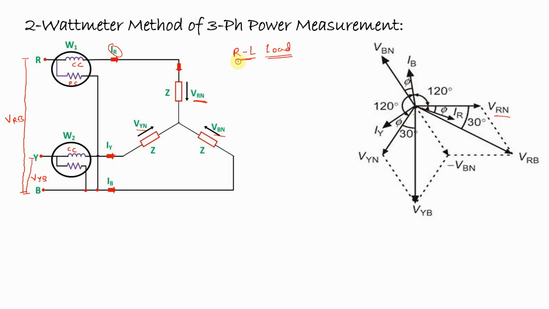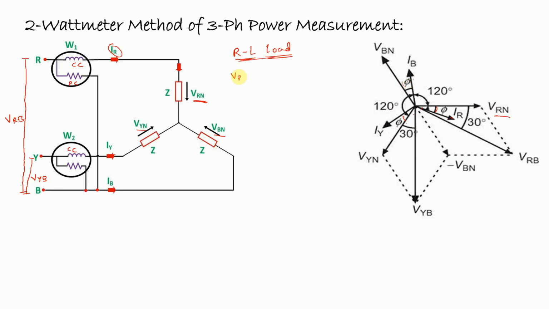We consider the nature of the load is resistive inductive. So the current in the R phase, IR, will lag the phase voltage VRN by the angle of phi. Similarly, IY will lag VYN by the angle of phi, and IB will lag VBN by the same angle phi.